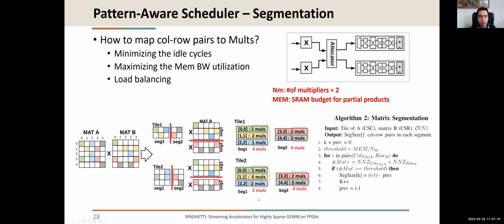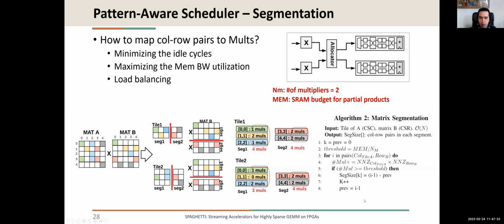So it's going to be a load balanced multiplication. It minimizes the idle cycles in the multipliers, and we can utilize the input memory bandwidth more efficiently, and we can balance the load of the multipliers.